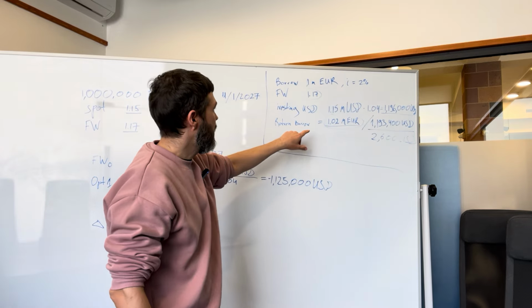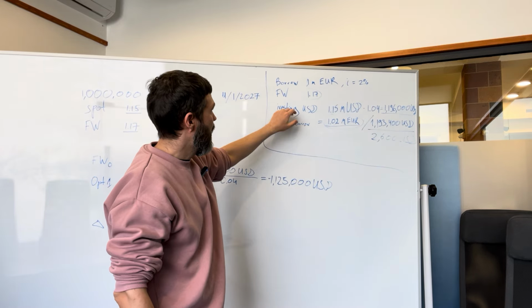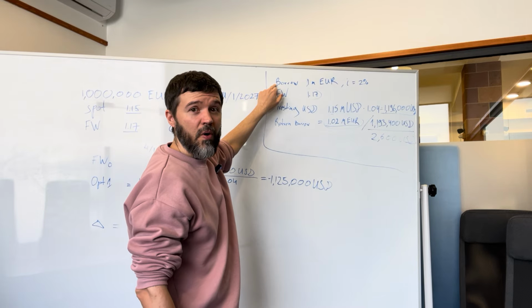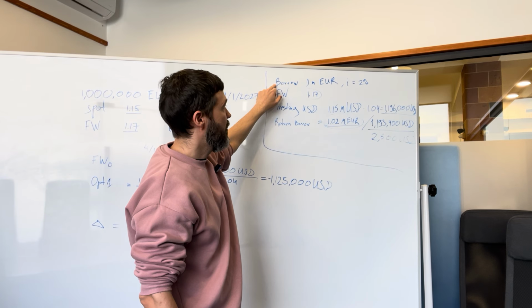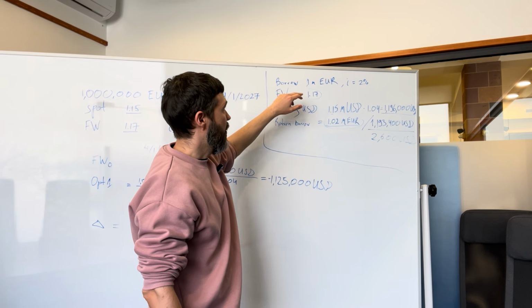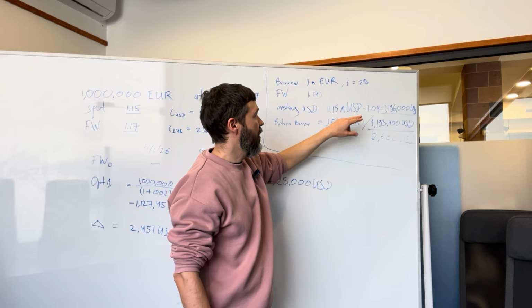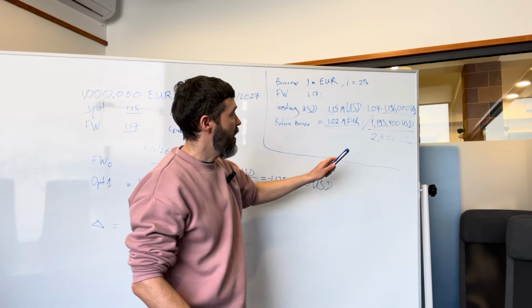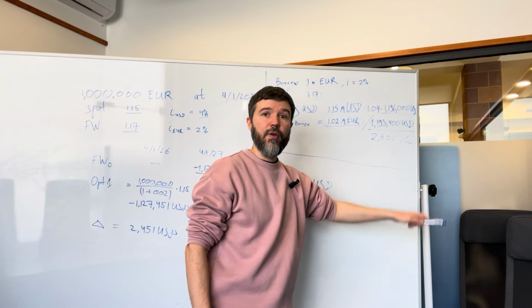And as more people, companies, economic subjects, I would say, borrow in euro, the rate here goes up, and the difference between the rates will decrease, eliminating that risk-free profit.